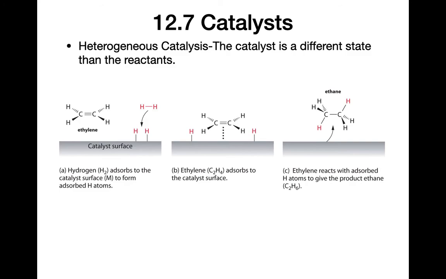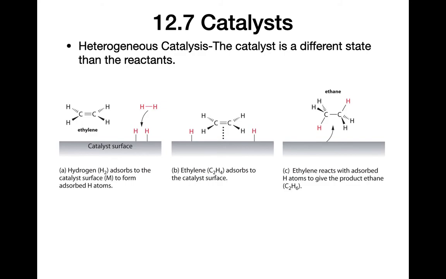So an example of this would be maybe the addition of hydrogen to the ethylene molecule to make the ethane molecule C2H6. So what might happen is the hydrogen molecule would stick to maybe a surface of a metal, and then that would cause the hydrogen-to-hydrogen single bond to break, and the hydrogen atoms would be bonded to the metal.